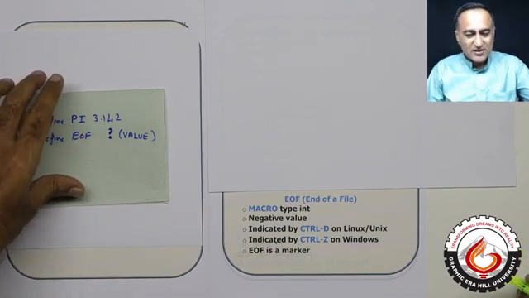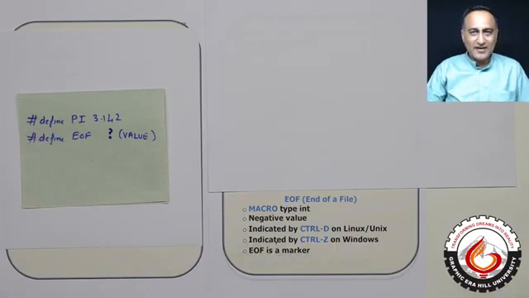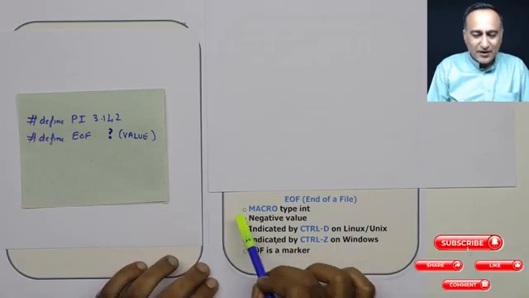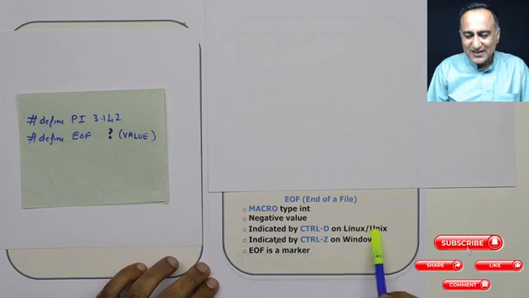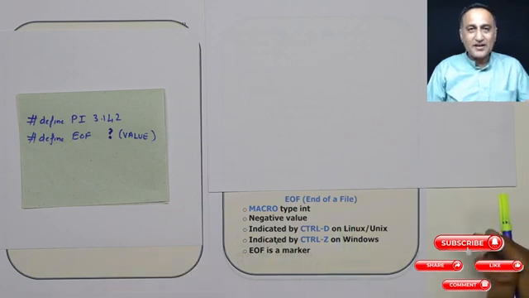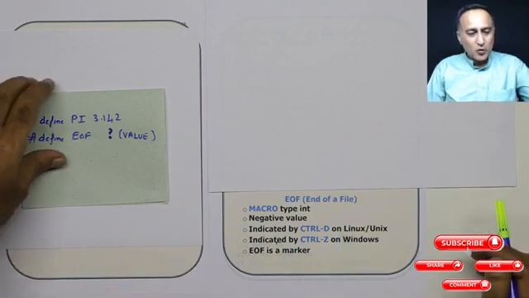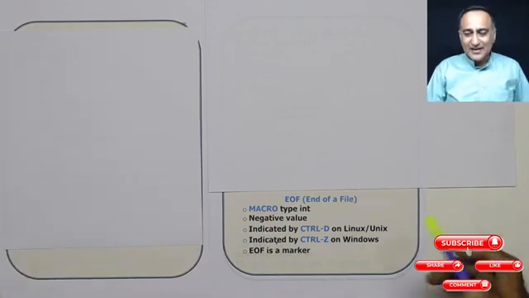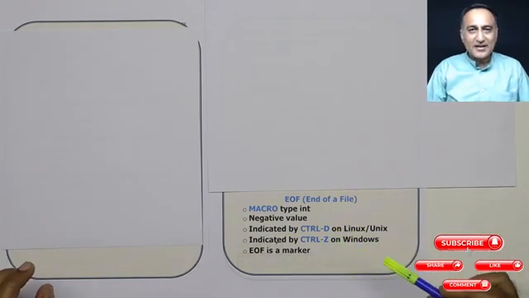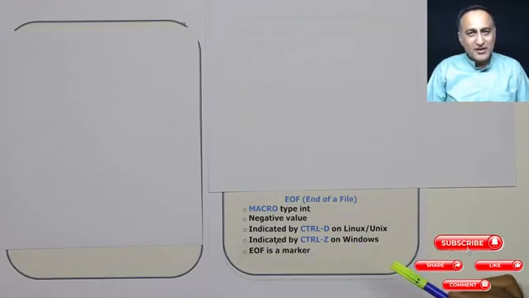So let's try to understand why we need this end of file. Suppose I have created a file with all these contents and I have stored it in a hard disk. Now, when a program is reading this particular data, there should be some indication to tell that program that you have reached the end of the file.